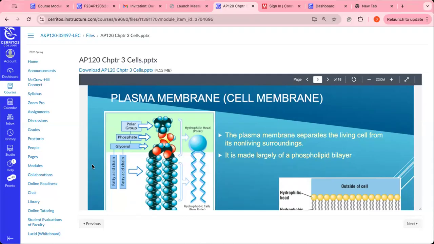You've got the fatty acid chain. You've got glycerol up here, phosphates. And then, of course, the polar group, the hydrophilic head, where the polar water molecules are.